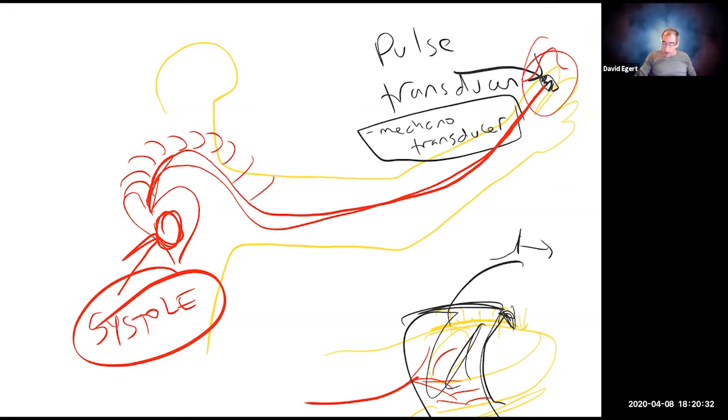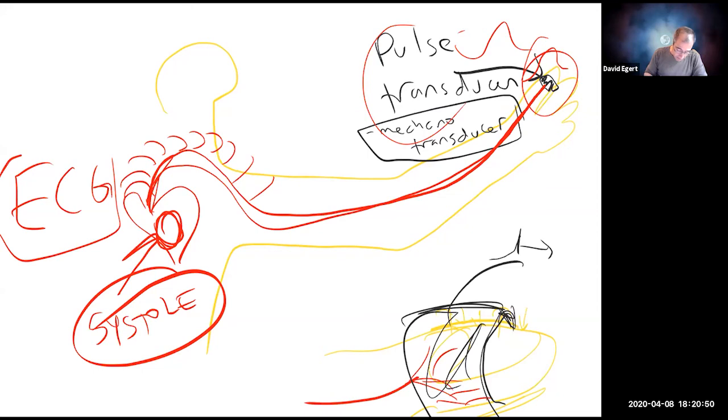In terms of when the pulse gets to the finger, we're going to have this little pulse transducer, and we can actually see the pulse arrive at the finger. So in this next part of the lab, we have two things we're measuring off of our subject. We're going to be measuring their EKG, because that's how we're going to know when systole occurs and when the pulse wave begins.